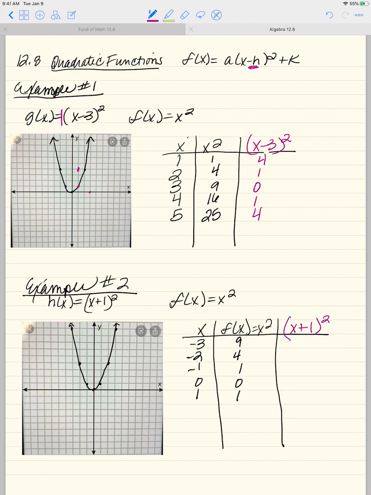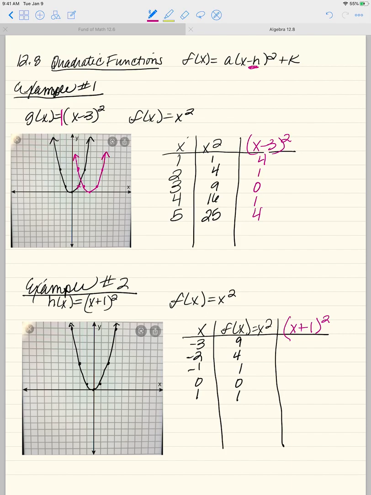Okay, and then we have 4, 1. Oh, I see what I did. That shouldn't be there. Sorry. That should be right there. 2, 1 is right there. Okay, and then we have 5, 4. Go ahead. Graph that guy.